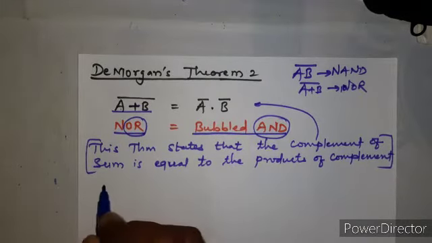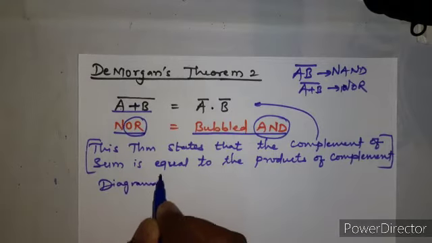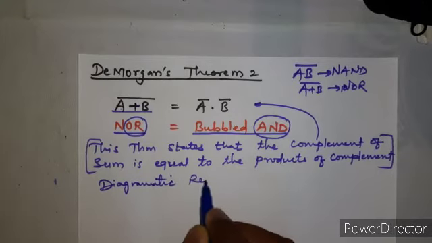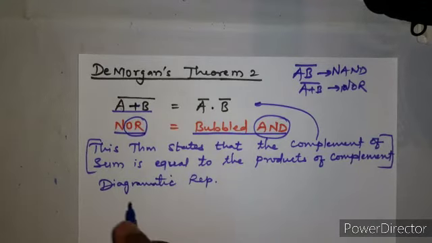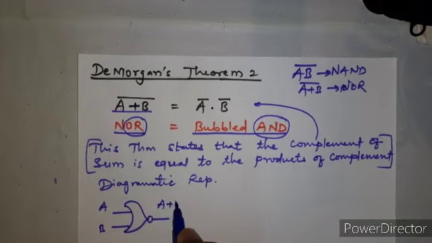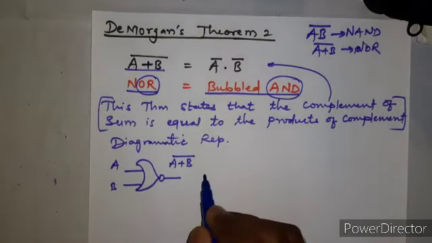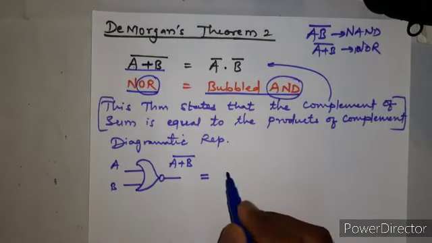Now diagrammatic representation. First is NOR gate. This is A, this is B, and this is output A plus B whole bar, right? This is equal to bubbled AND.